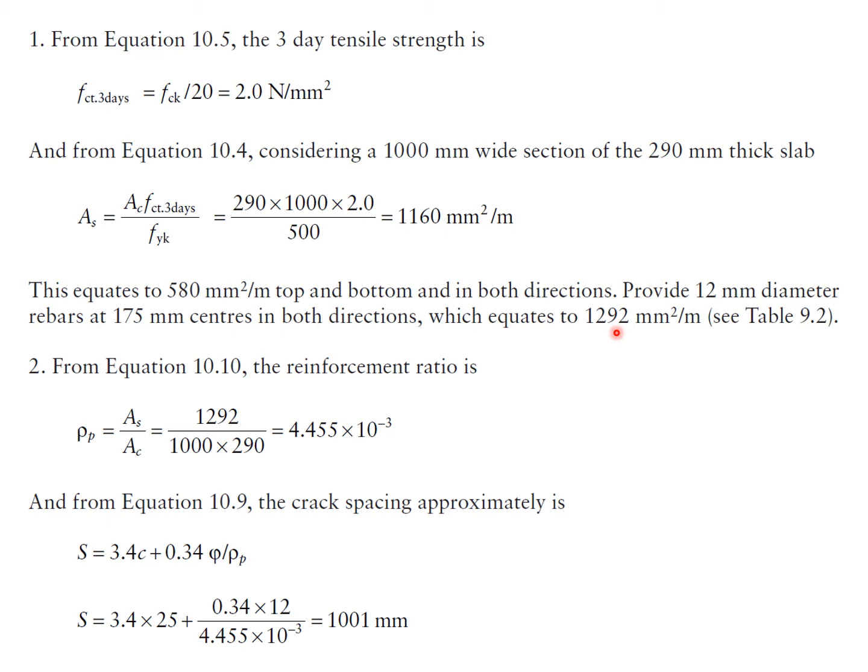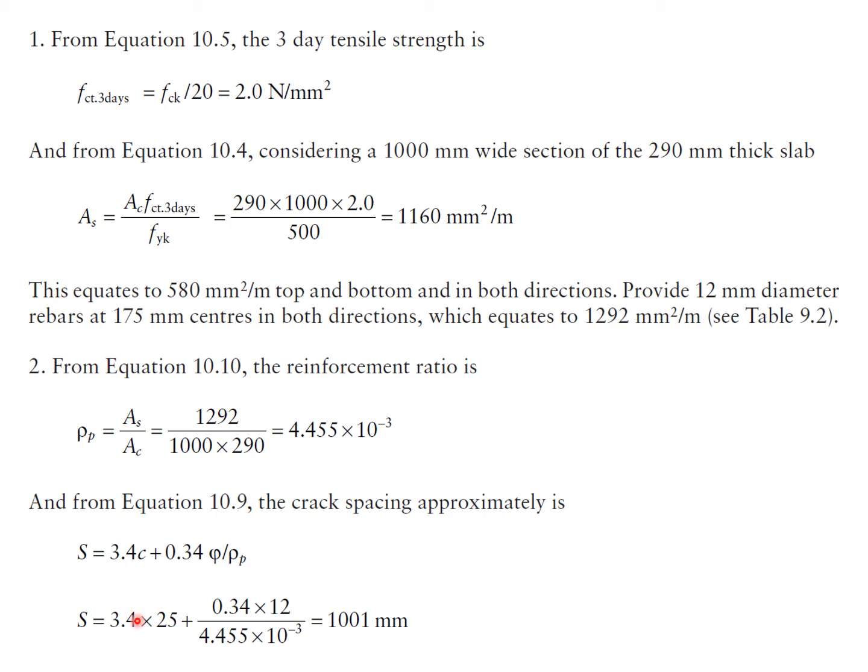Now we need to calculate the crack width that we would expect, and to do that we need the reinforcement ratio, so that's the area of steel divided by the area of concrete, and then we can work out the crack spacing using this empirical equation from Eurocode 2.